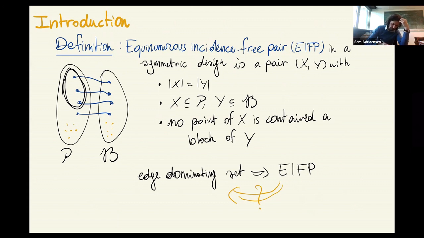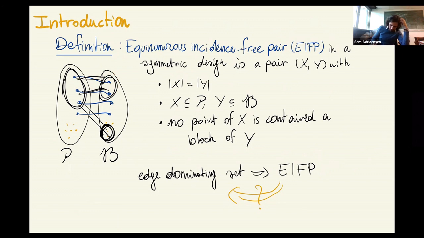So if you look in the entire incidence graph, its neighborhood lives over here and a little bit in the vertices of your equinumerous incidence-free pair. You want to prove that this is large enough, right? So especially this part has to contain at least as many vertices as there are in S. How can you prove this?